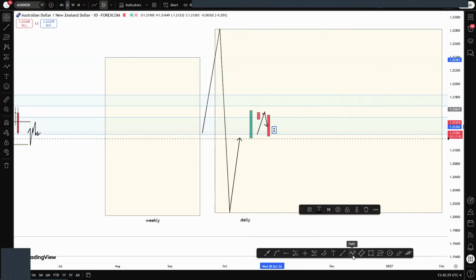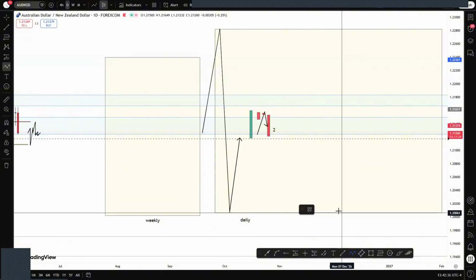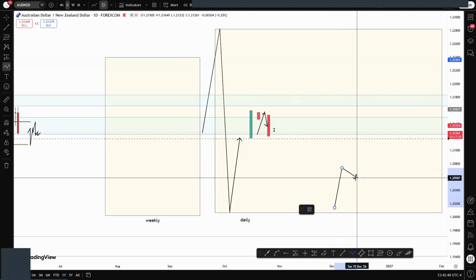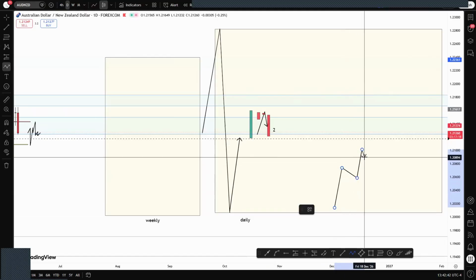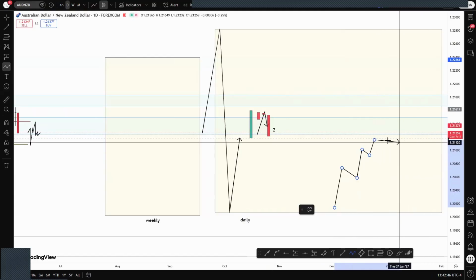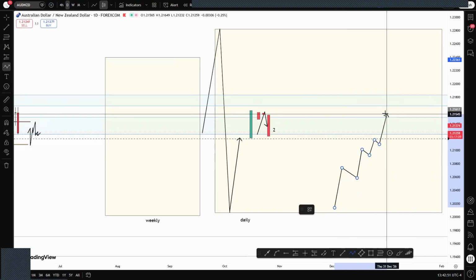This means that in this case, when the price was retesting back to this point, on the 4 hour time frame price was making high highs and higher lows.